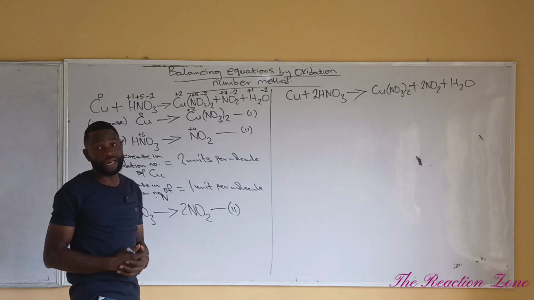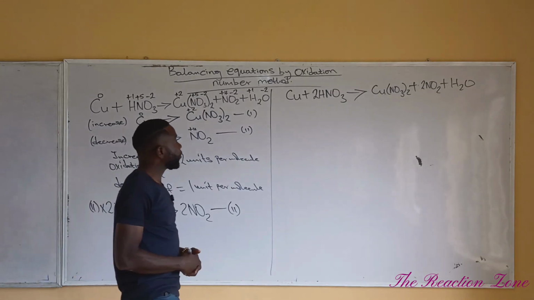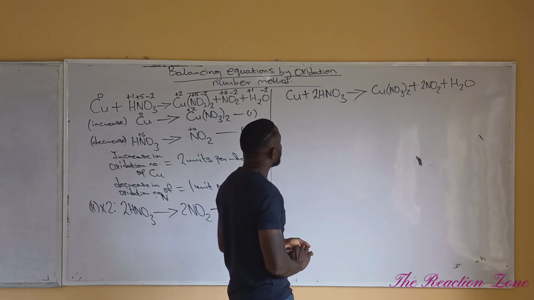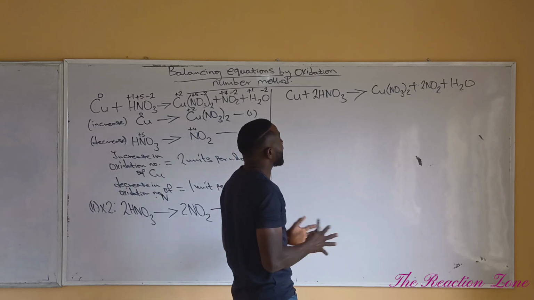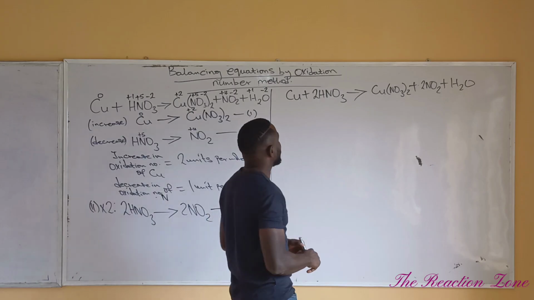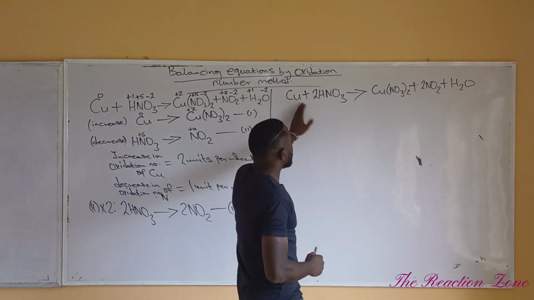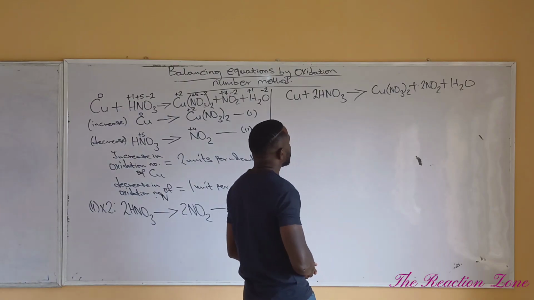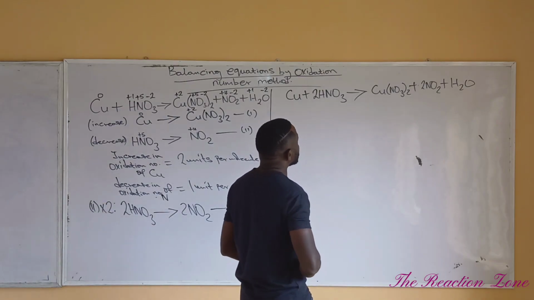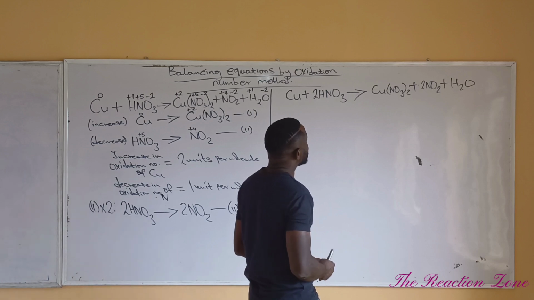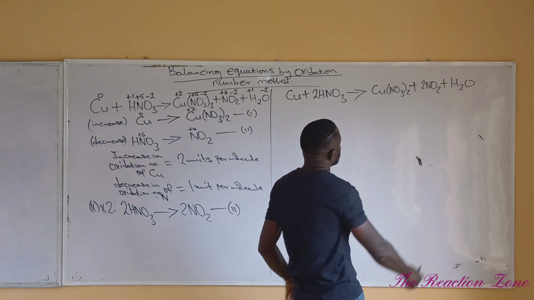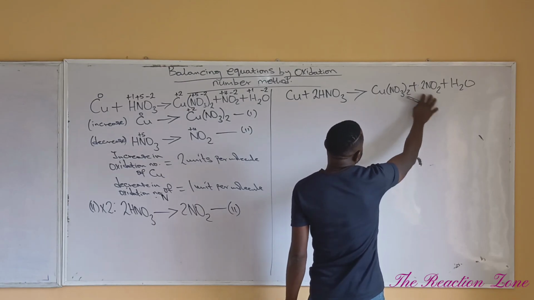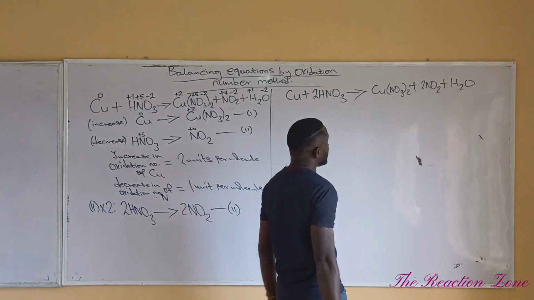Now this equation is still not balanced yet. What we'll do now is to check if atoms other than oxygen and hydrogen are balanced. Copper is 1, copper is 1, copper is balanced. Now when we look at the nitrates, you have 2 here, 2 here, making 4.